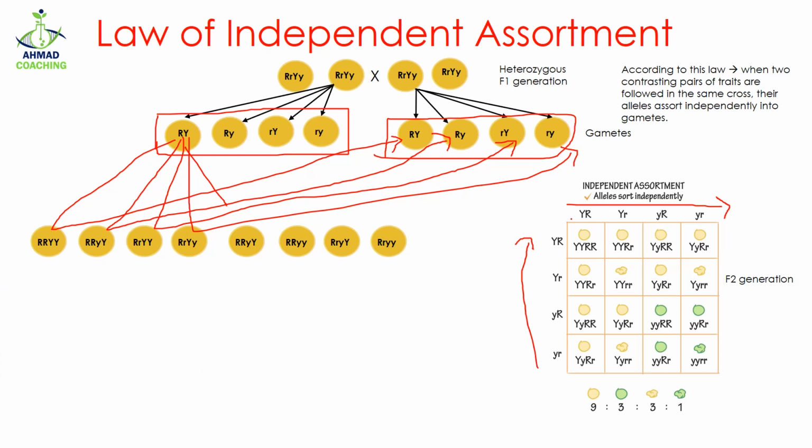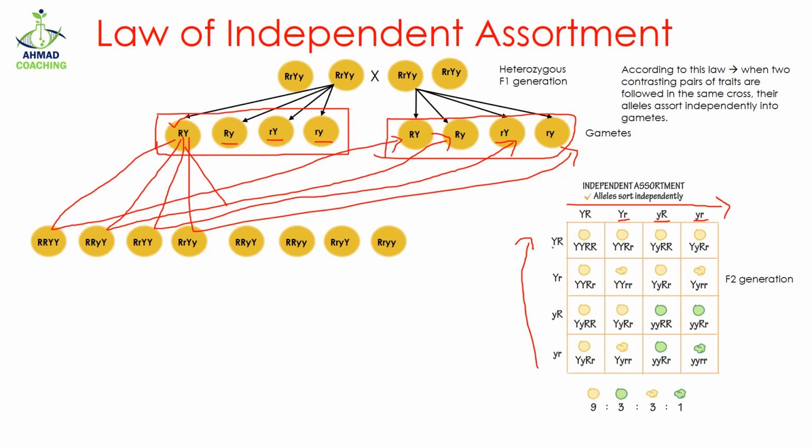So here we have capital R, capital Y like this. We have small r, capital Y, this one. We have small y and capital R, this one. And we have small y and small r like this. Similarly, these are also here.